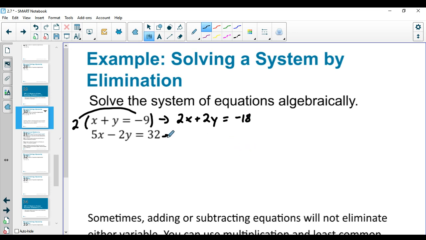And then this one I'm just going to rewrite as it is. And then you'll see the whole reason I did that was because now I have 2y and negative 2y, so I can just add straight down. 2x plus 5x is 7x. Plus 2y minus 2y cancels out. Equals 32 minus 18.